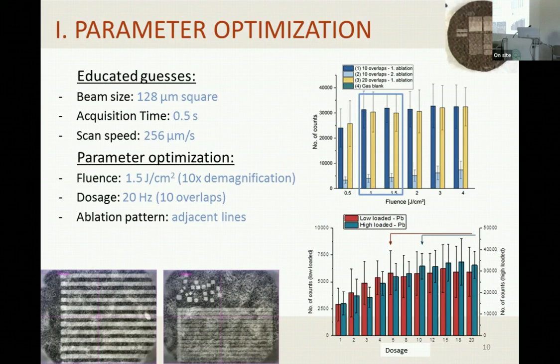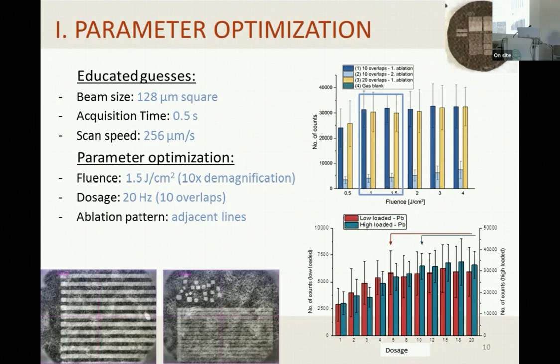And then we optimized the fluence. This is simply the energy of the laser. And we tested fluence from 0.5 to 4. And we can see here that at fluence 0.5 the signal is a little lower because not all of the PM was ablated.